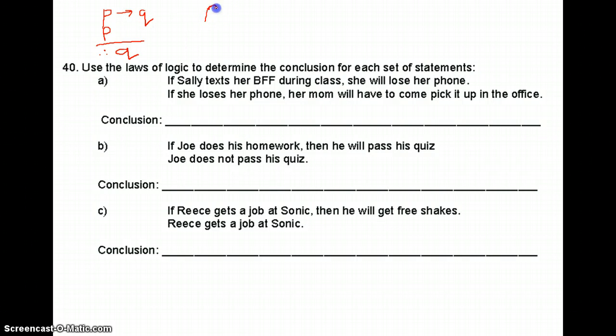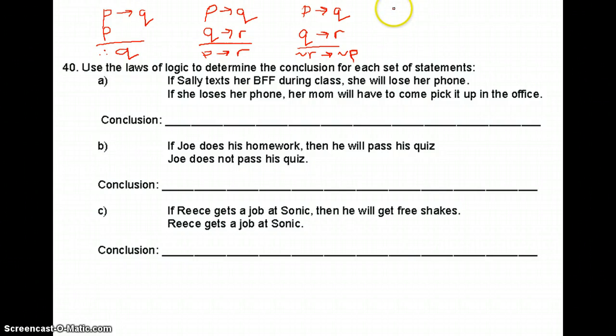You just need to remember the law. The second one we had was P implies Q, Q implies R, therefore P implies R. Next one, P implies Q, Q implies R, not R implies not P. This is syllogism, syllogism 2.